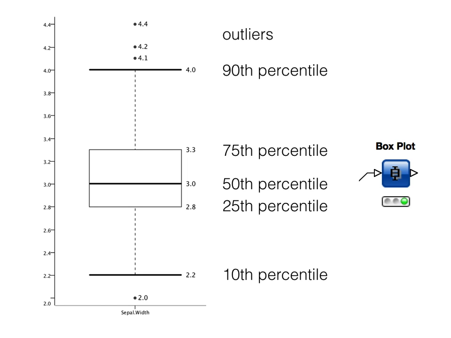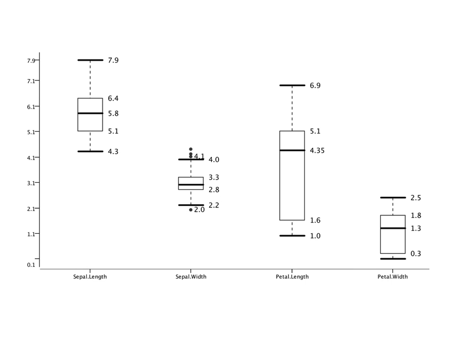Now you can show lots of box plots next to each other, and that allows you to compare the distributions. So this is an example here. Here we've got a box plot of sepal length, sepal width, petal length, and petal width. So the four different attributes in the iris dataset, and you can see that their distributions vary quite a lot. Sepal length in general is much higher than sepal width.